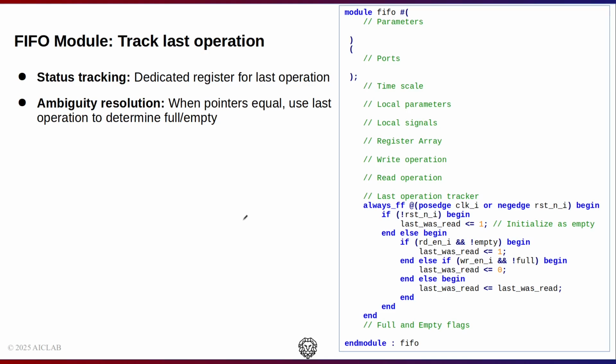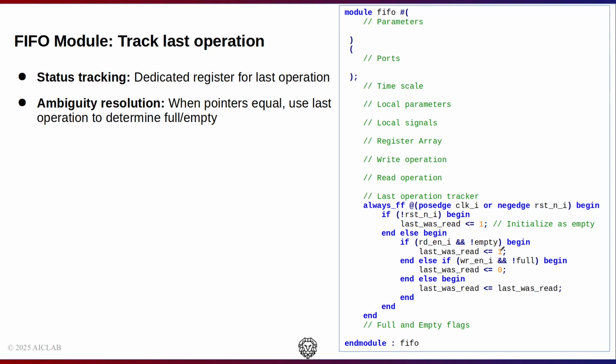Track last operation. As we discussed earlier, we need a register to store the last operation. It is called last was read register. Initially, the FIFO is empty, and we set last was read to 1. If the last operation was read and the FIFO is not empty, last was read is set to 1.